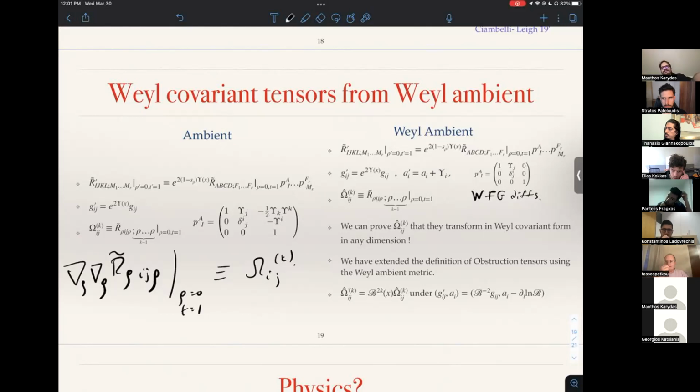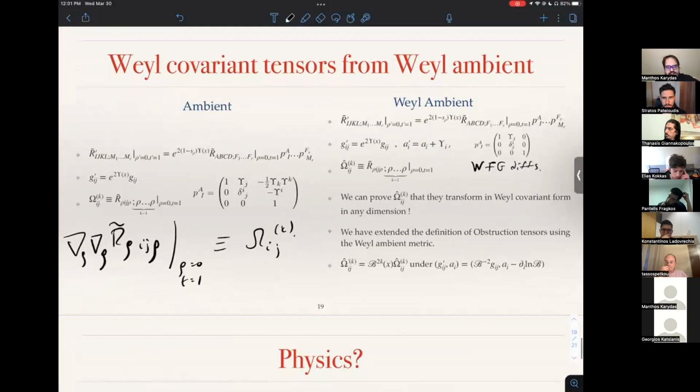Yes, it can. Let me tell you what I think, it's an interesting thing. If I take the usual Bach tensor and see how it transforms under g going to some function times g, I will generally get some function times B ij plus some derivatives of the log of this function.